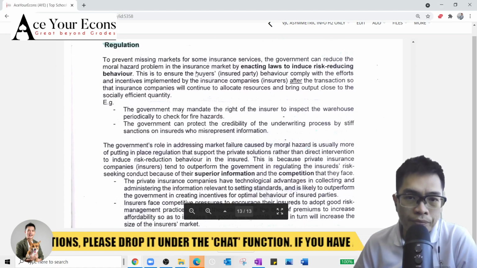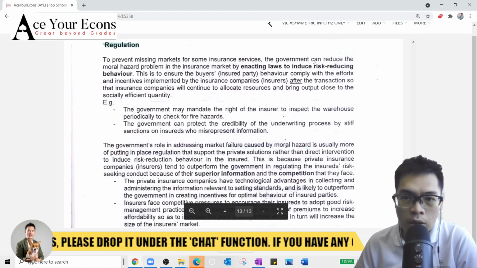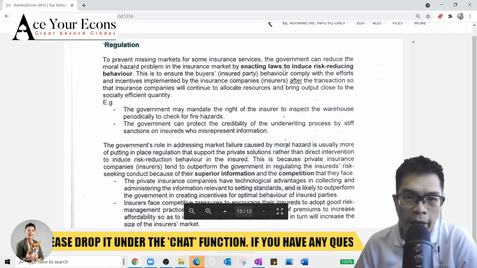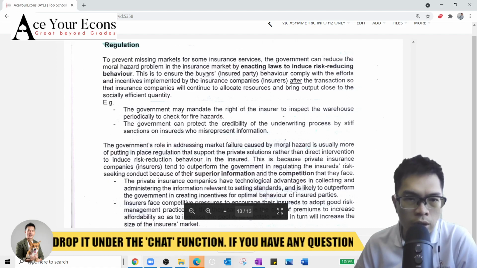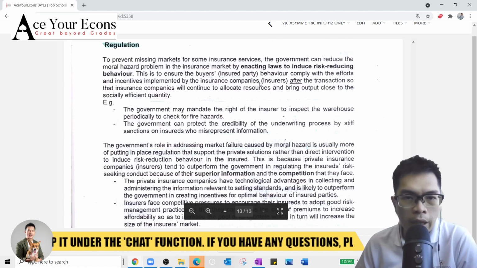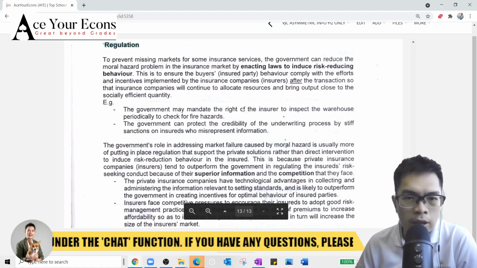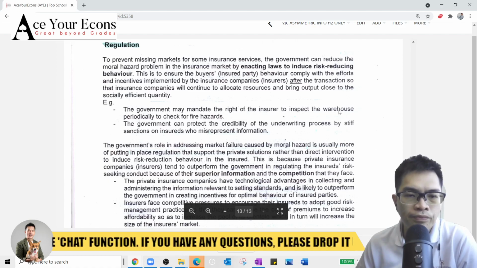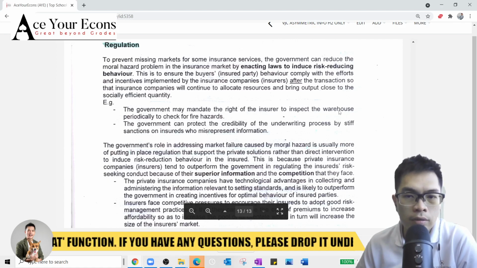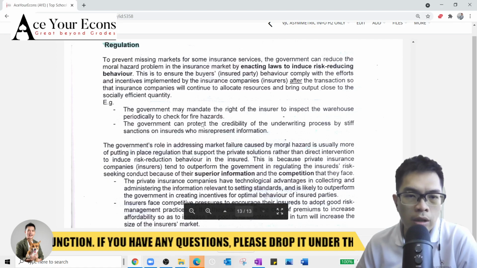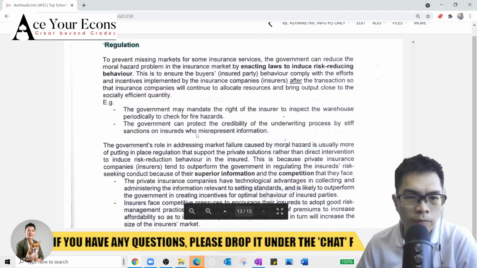You can see that the government can reduce the moral hazard by enacting laws to reduce such behaviors. By, for instance, mandating the right of the insurer to inspect the warehouse periodically to check for fire hazards. The government can protect the credibility of the underwriting process through stiff sanctions on the insurees who misrepresent.